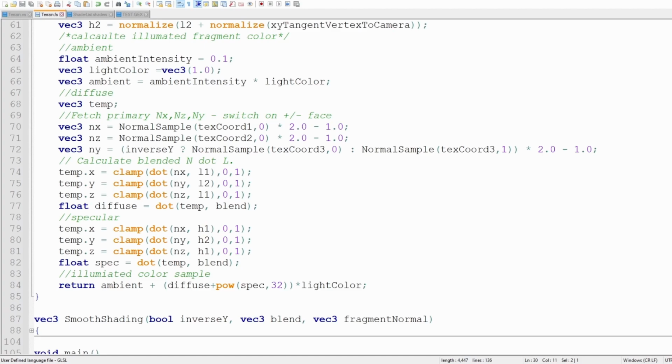Now, after we have gotten our new normal samples, we will go ahead and perform that dot product on the n.l, and then we clamp it from 0 to 1 just to make sure that it's within that proper range.